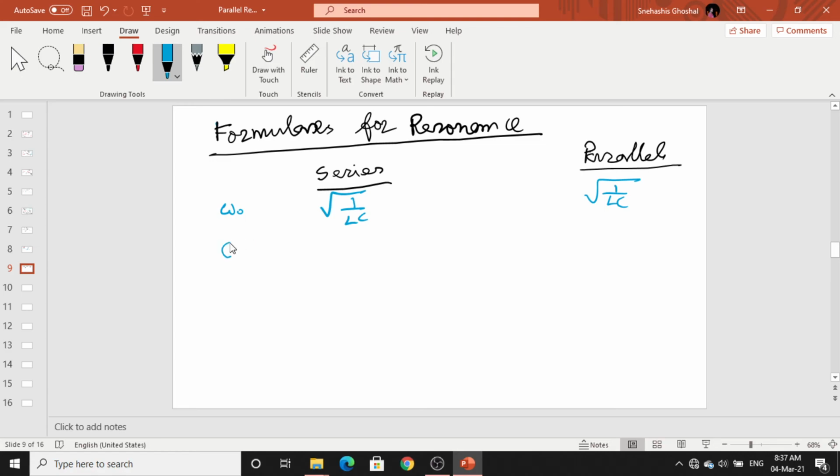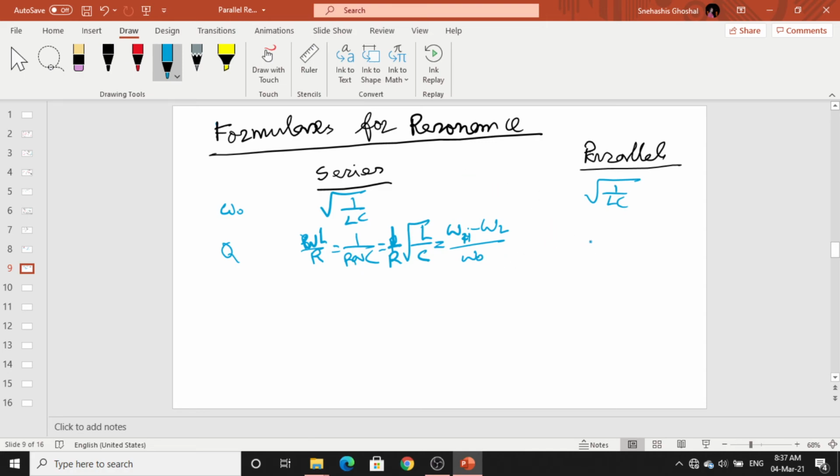Next one is quality factor. For series resonance, it is omega L by R, or 1 by R omega C, which is also 1 by R root L by C, and also omega high minus omega low by omega naught.